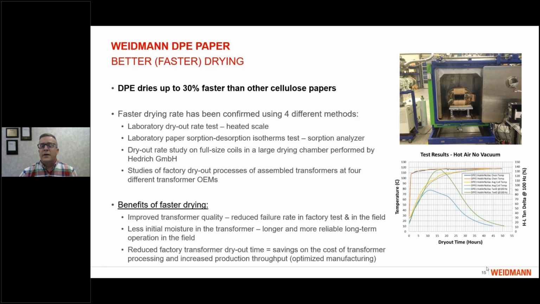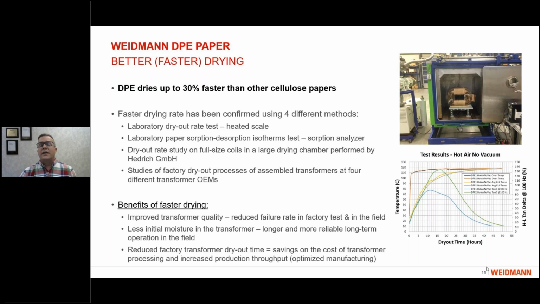In the graph underneath the picture, the blue line represents measurements of power factor during drying over time for the DPE coil, and the green represents the kraft paper coil, and the DPE coil is clearly drying more quickly. We've also done studies of actual layer wound transformers in OEM factory dry out processes in their factory ovens, and we've also confirmed this to be true.